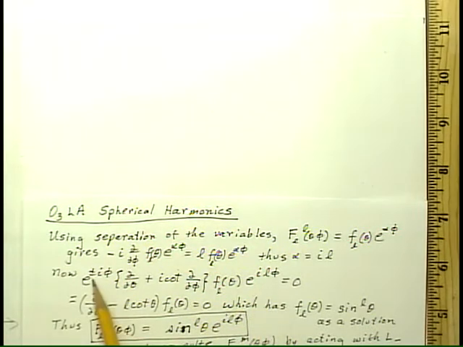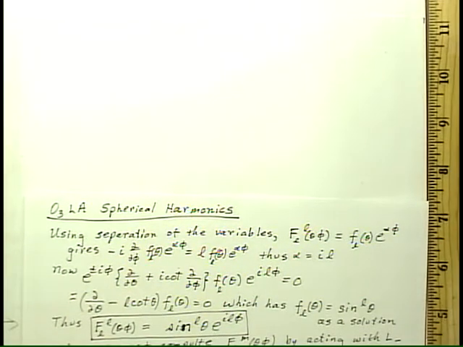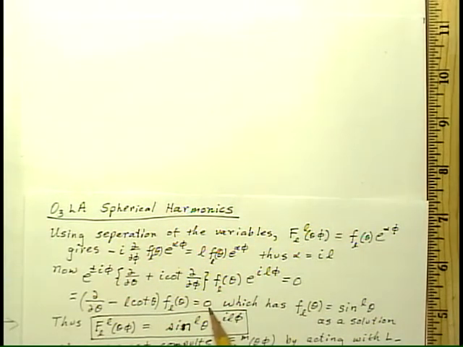And the reason is we can take these two phases at that point and divide through by them and remove them from the equation. So we're left with a rather simple equation: the derivative minus L cotangent theta of a function is equal to 0.